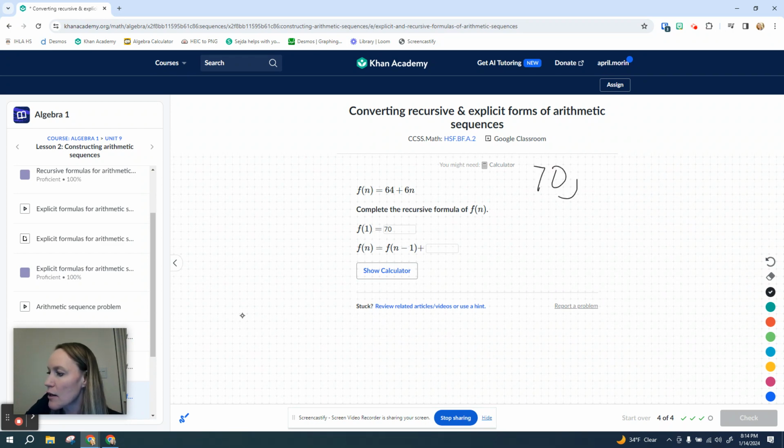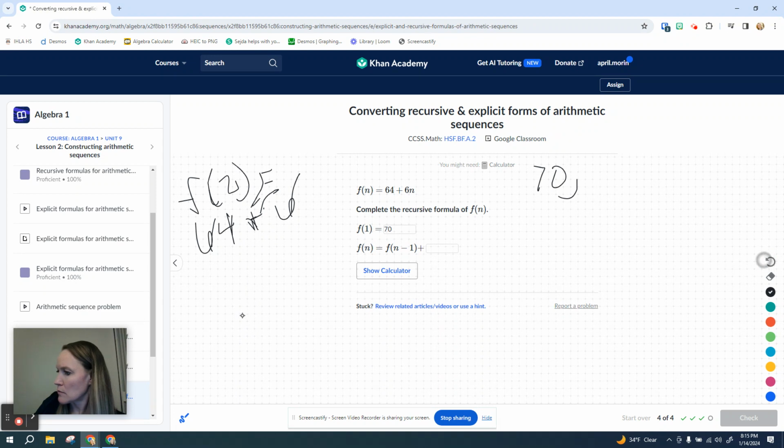Now I need to plug in a 2 to find f of 2. 64 plus 6 times 2 is 12. Let's do some of this in our head to make it easier on ourselves. 64 plus 12 equals 76.